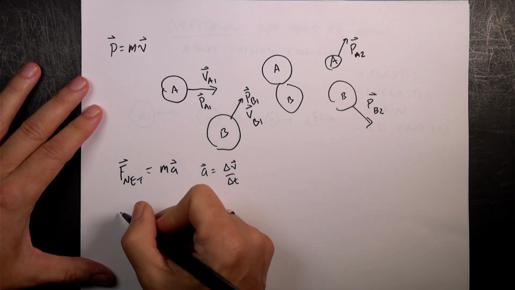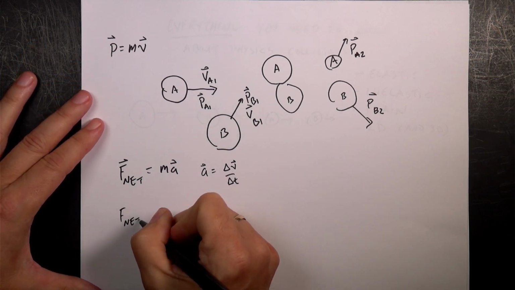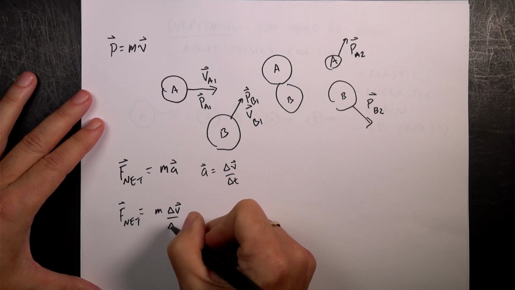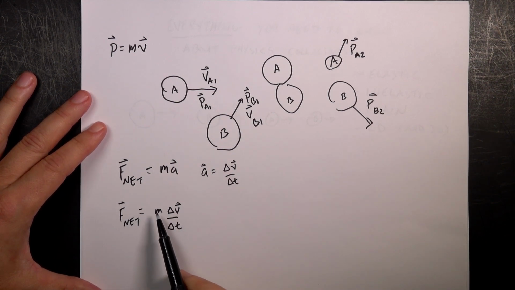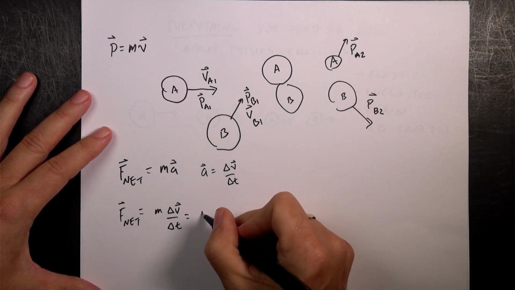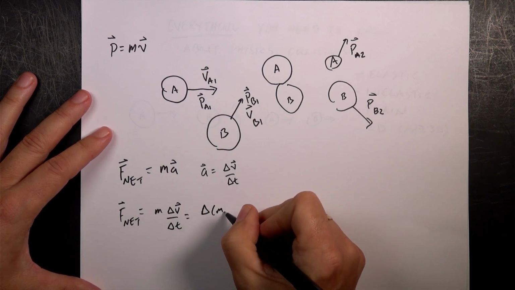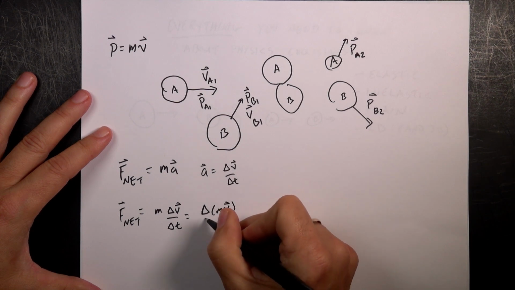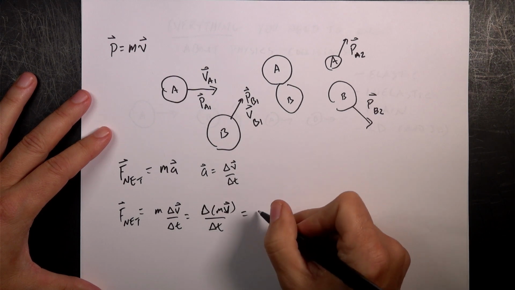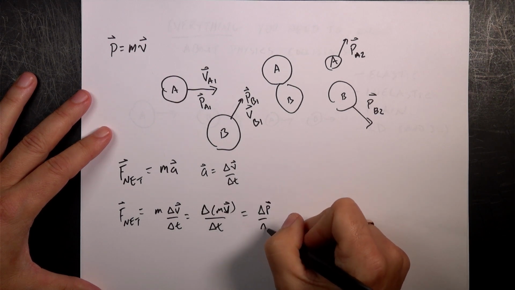So if I put that in right here, I have F net equals m delta v over delta t. But if the mass is constant, I can actually bring it into this change, and I can write this as delta mv over delta t. And that mv is momentum. So we get delta P over delta t.